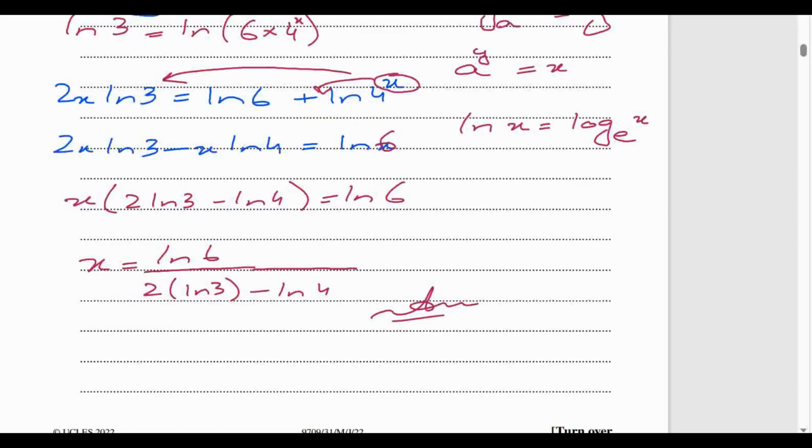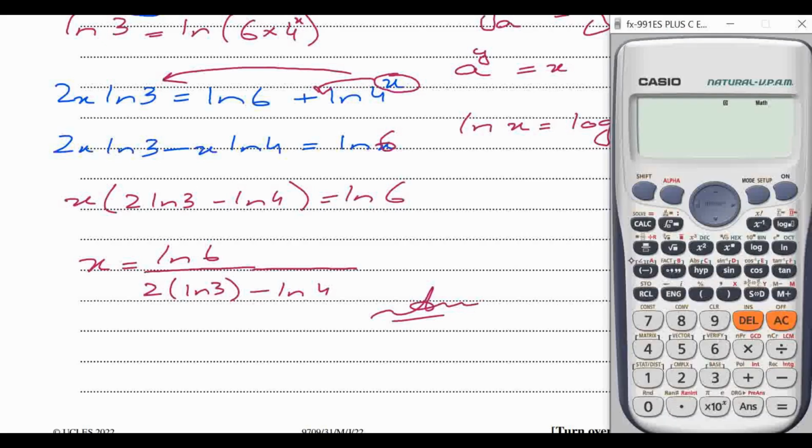What we can do is use the calculator. So this will be natural log of 6 divided by 2 into natural log of 3 minus natural log of 4.